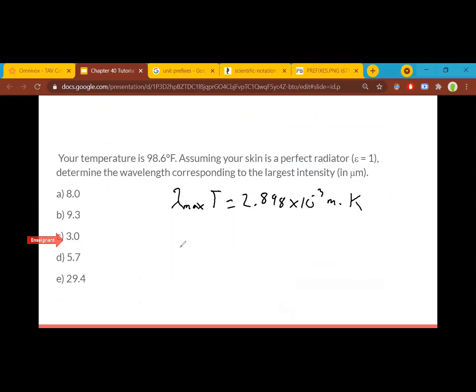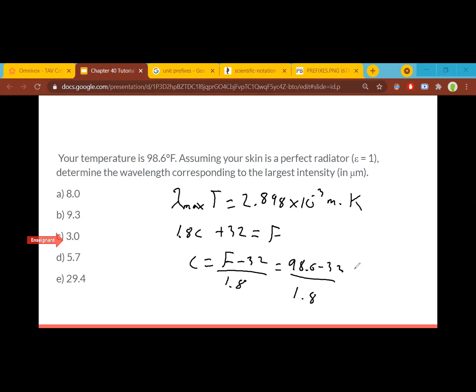Basically, I guess you can do this with Google, but the conversion between Celsius and Fahrenheit is that 1.8 times Celsius plus 32 gives you the temperature in Fahrenheit. So you can work this out backwards: the temperature in Fahrenheit minus 32, divided by 1.8, gives you the temperature in Celsius, which for 98.6 is 37 degrees Celsius.